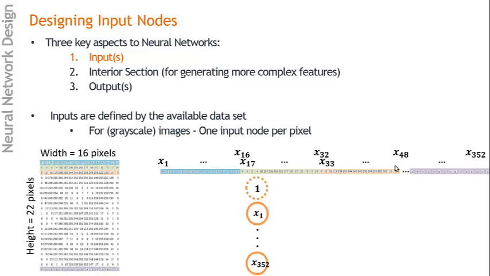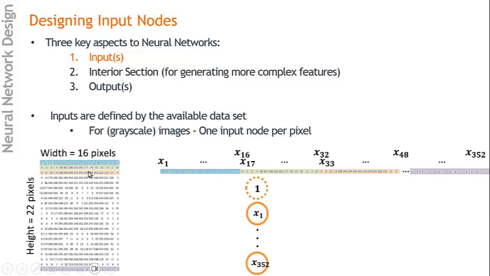Now, just as an aside, in the networks that we've been looking at, you connect every one of these inputs to all of the nodes in the next layer. But for a convolutional neural network, you wouldn't do that.